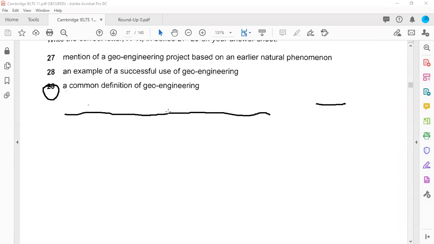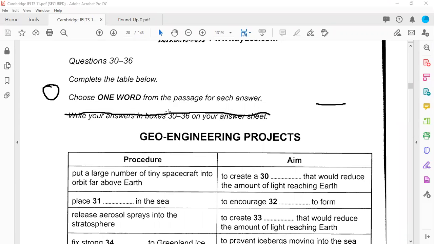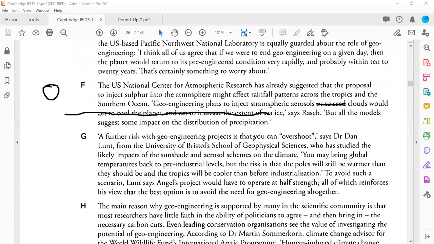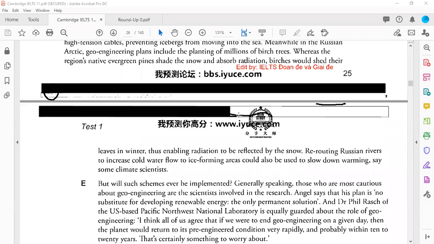Okay, what else do they say here? To put a large number of tiny spacecraft into orbit far above the Earth, that would be used to create a... 16 million, I think he said.